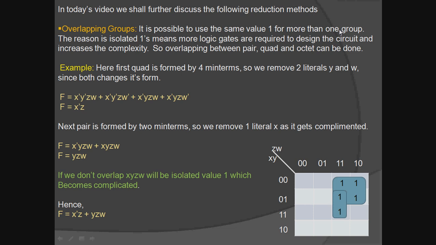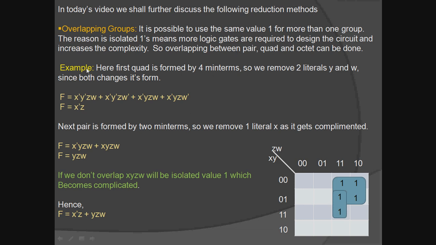The reason is that isolated ones mean more logic gates are required, as I've explained already, to design the circuit, and that increases the complexity. So overlapping between pairs, quads and octets can be done. That way it simplifies the circuit.